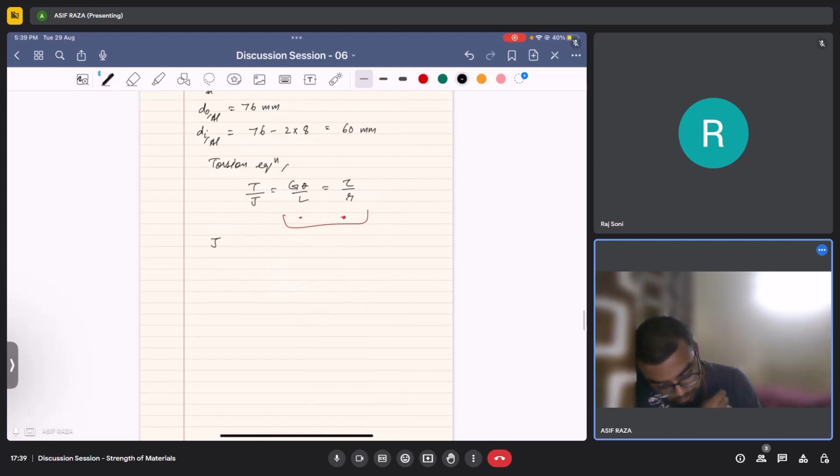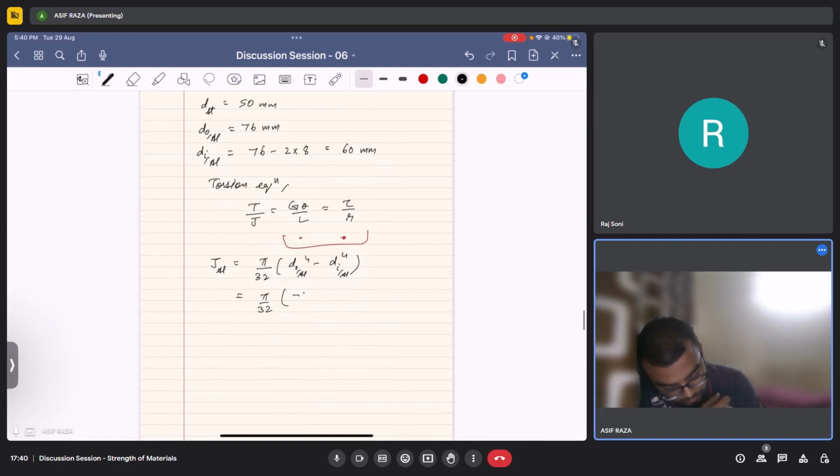We can write J for aluminium as pi by 32 times (D outer to the power 4 minus D inner to the power 4), and this would be equal to pi by 32 times (76 to the power 4 minus 60 to the power 4), and this comes out to be 200297.945 mm to the power 4.